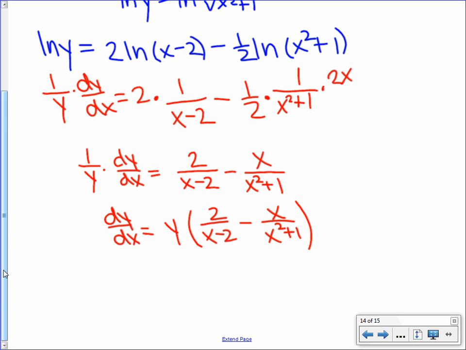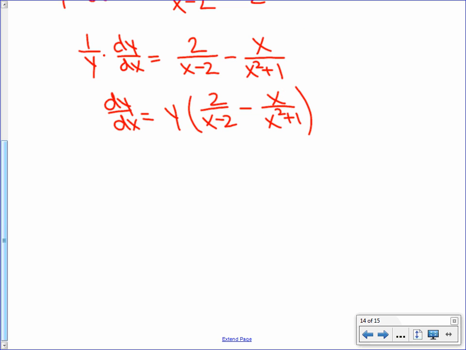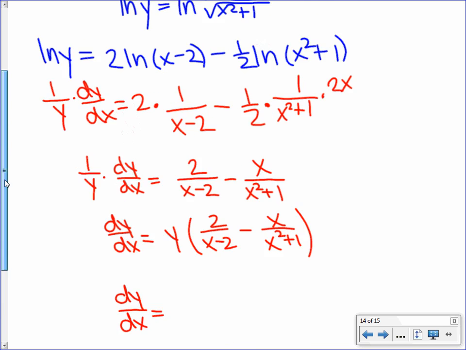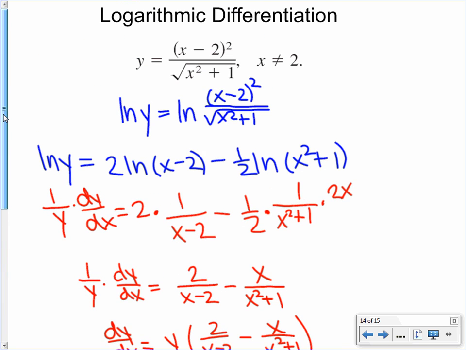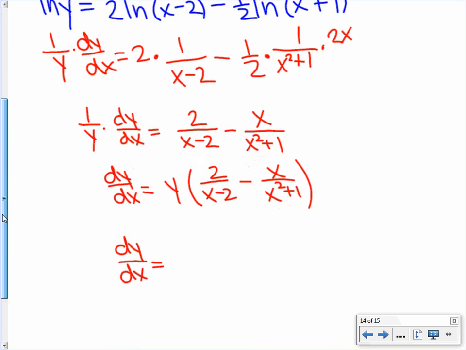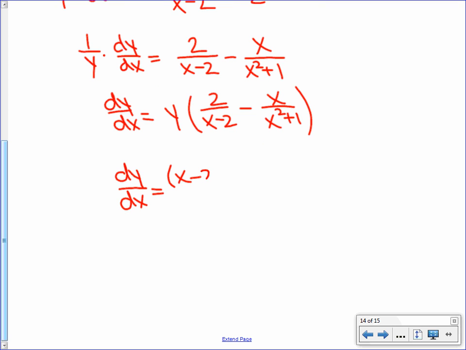An explicit derivative, no. So what can we do? Do we know what y is? Y is x minus 2 squared over the square root of x squared plus 1 times 2 over x minus 2.